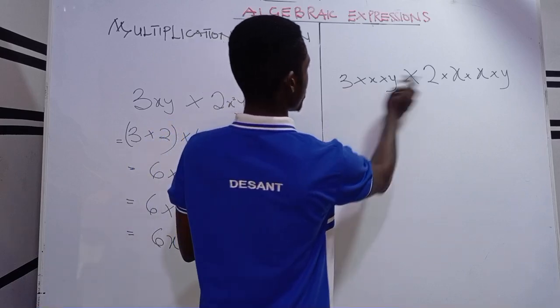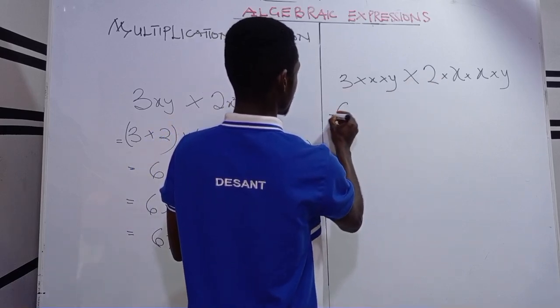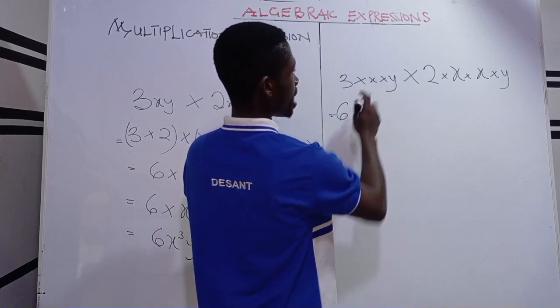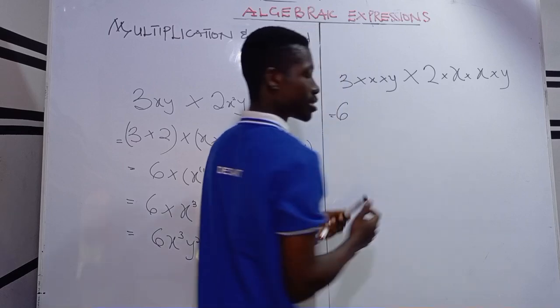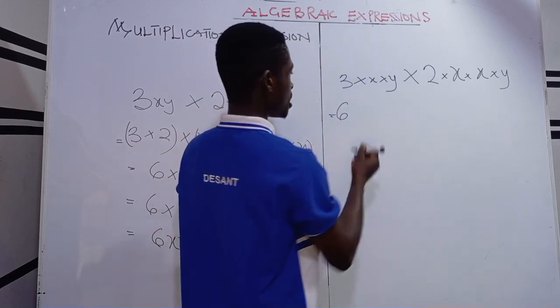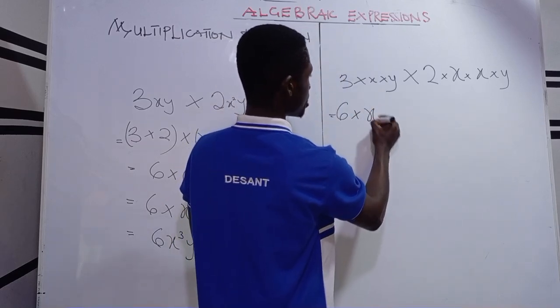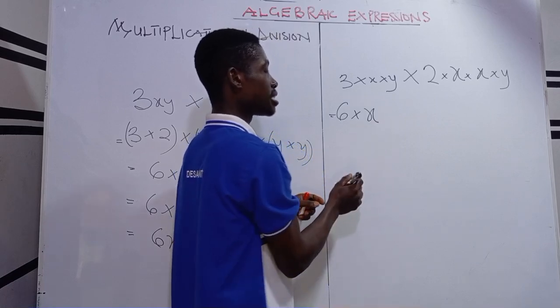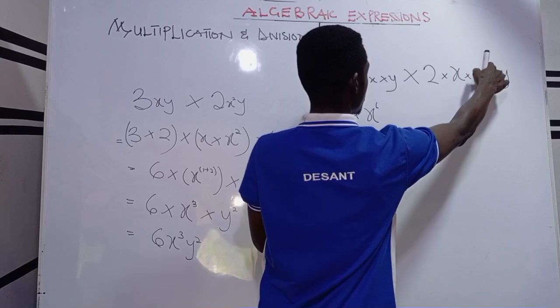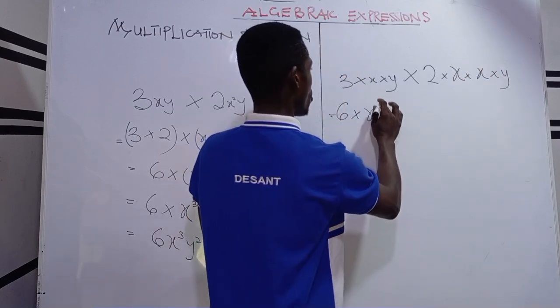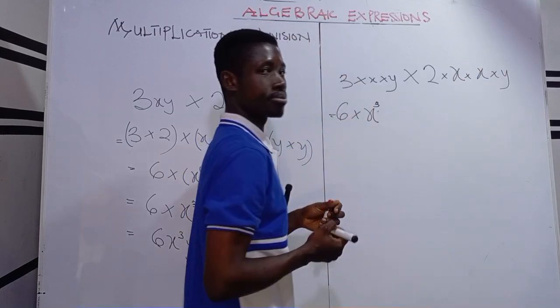So we know that 3 times 2 give us what? 6. Now we have how many x's? We have 1, 2, 3. And they are all multiplying. Since they have the same base, we are going to pick one of the bases and then we add their exponent. This is power 1, power 1, power 1. So to the power of what? 3.